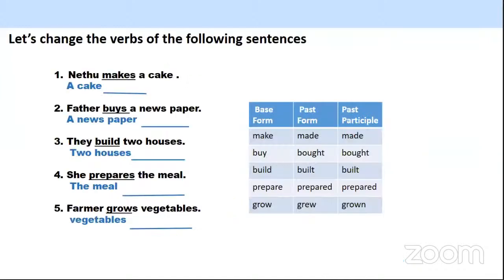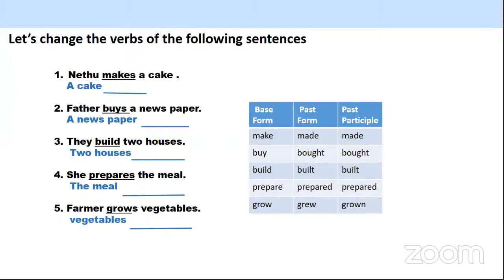Let's move on to an activity. Let's see whether you can understand. You have got the idea of those two steps. What are they? Identifying the tense and changing the verb.